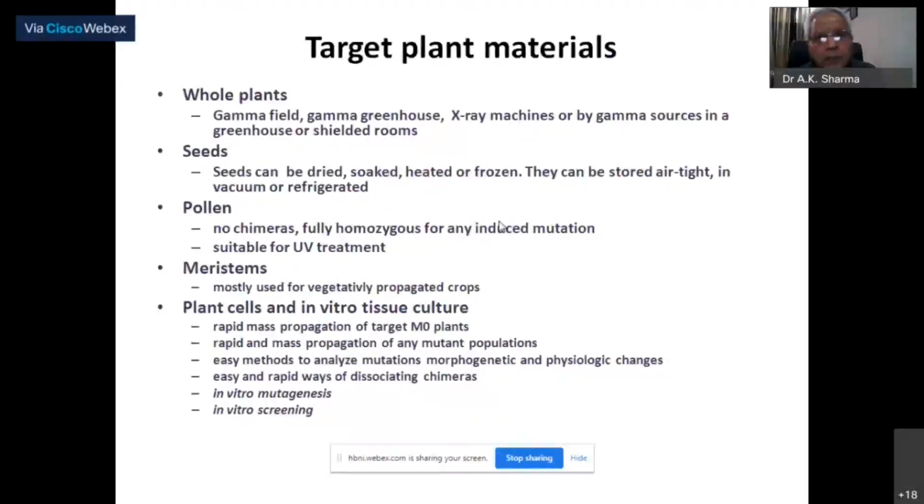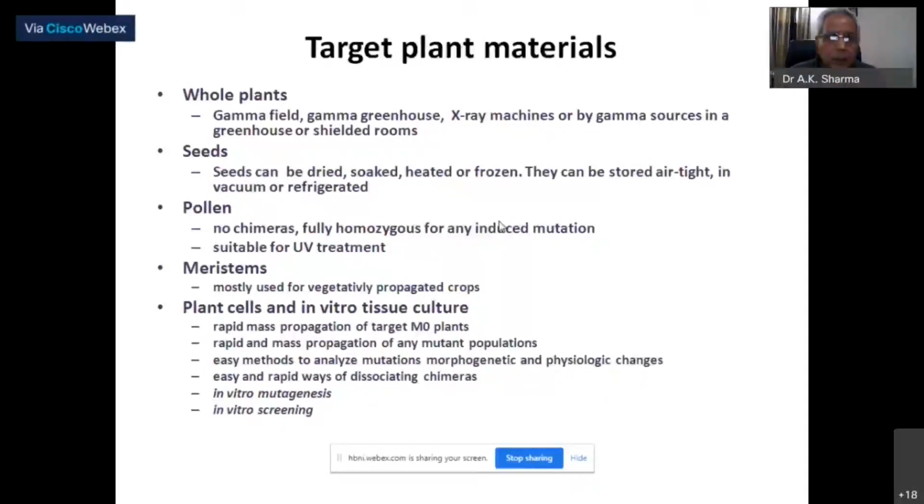Now, coming to once we have this kind of background of radiation, how they affect the material, and how to measure the dose that we are giving to a tissue or material, we are now coming closer to our plants that we have to use. So in a biological setup, especially on the agricultural side, we have different kinds of target materials.